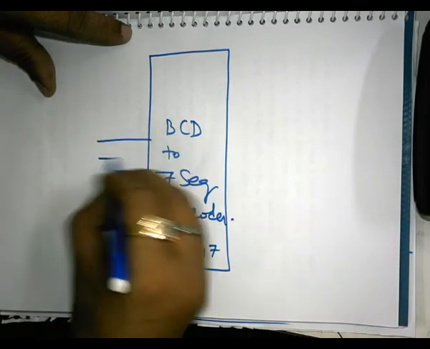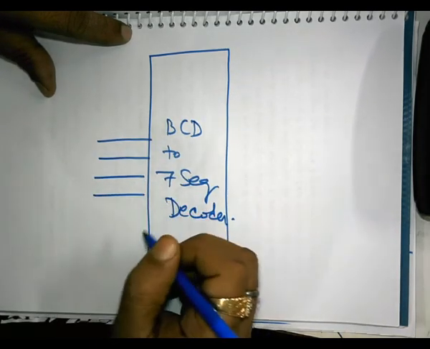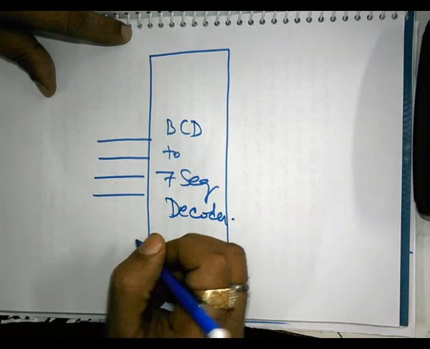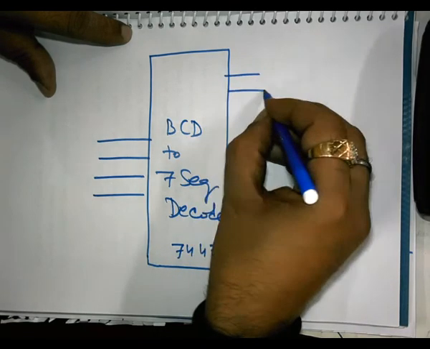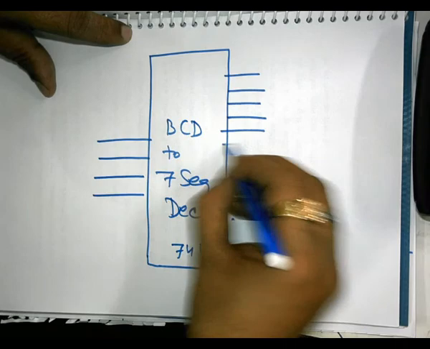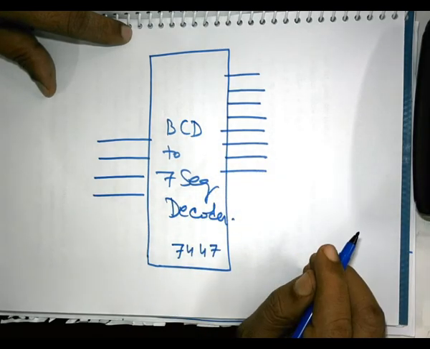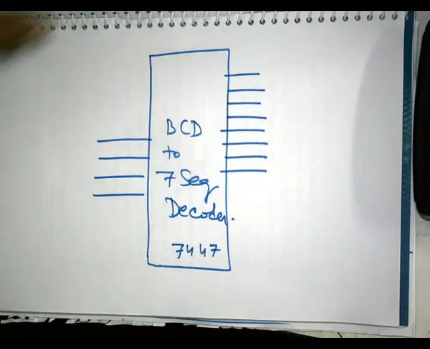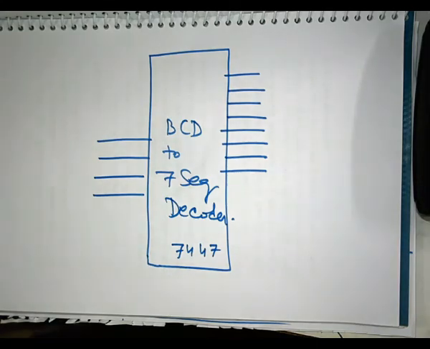So what is at the input of this IC is basically a BCD, and then you have the outputs corresponding to A, B, C, D, E, F, G, H, and there are many other inputs and outputs. When you will make a complete IC, there are many other inputs and outputs. Okay. So this is one of the very important combinational logic circuit.